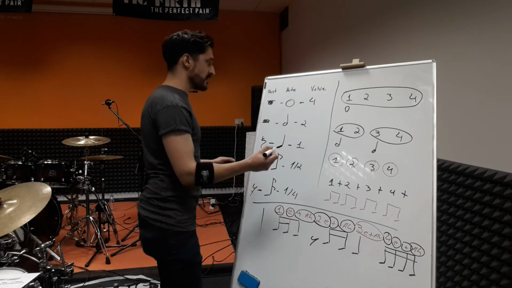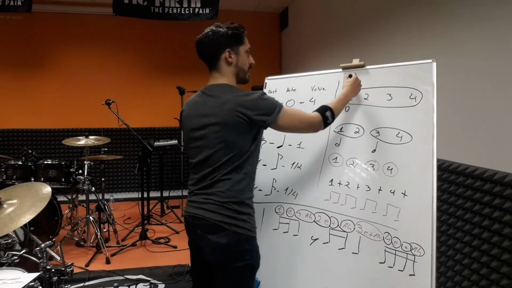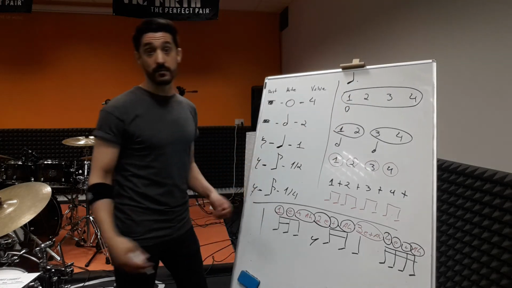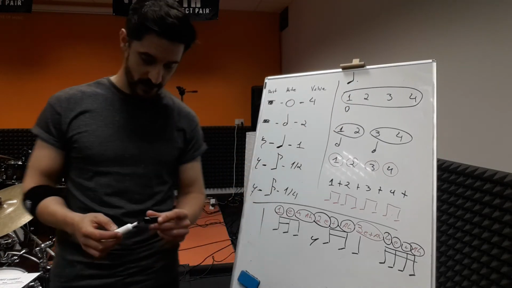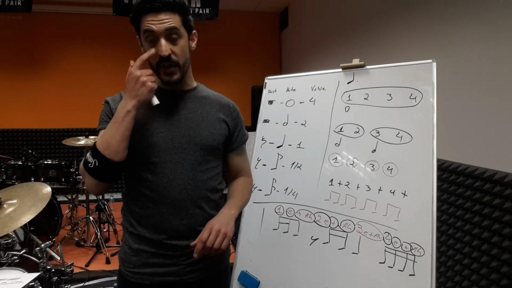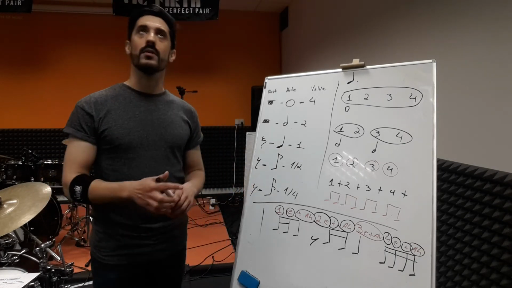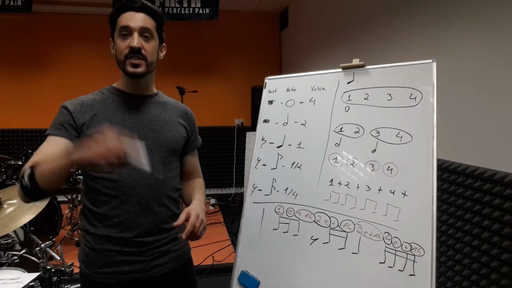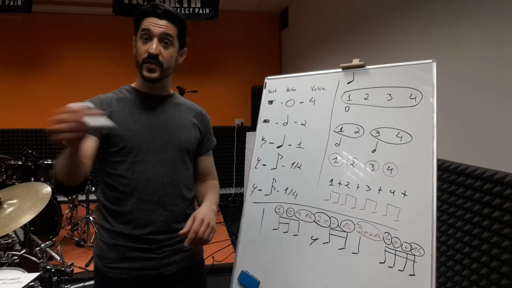I hope that helped, but one final note, the dot on a note. We were talking about that, right? When you have, say, a quarter note with a dot, we call that, of course, a dotted quarter note. The dot increases the value of the note by half of its value.